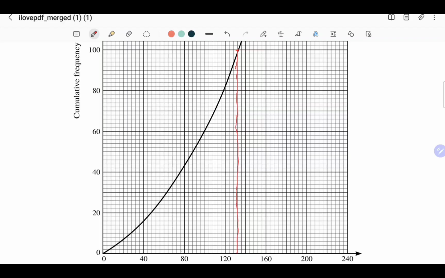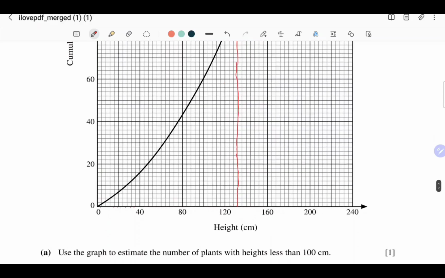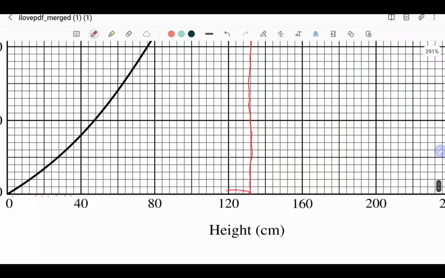So 140. Why 40? 1 2 3 4 5 6 7 8 9 10. Oh yes guys, this gap is 40, so 1 2 3. So what about this much gap? This whole gap is 40.